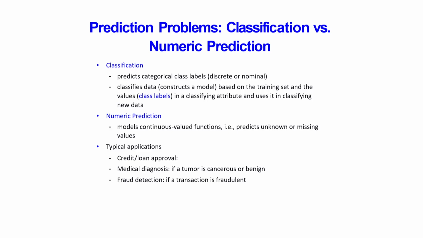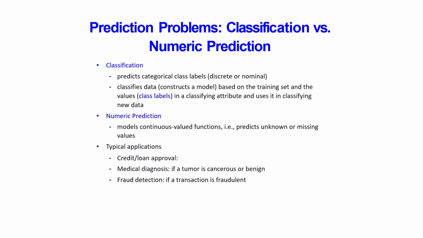It can classify the data based on the training set and the values in the classifying attributes. Obviously, we always use a certain set of attributes or features. Dogs have a certain set of attributes, like color, texture, and the way they look. Similarly, cats have a different set of attributes.